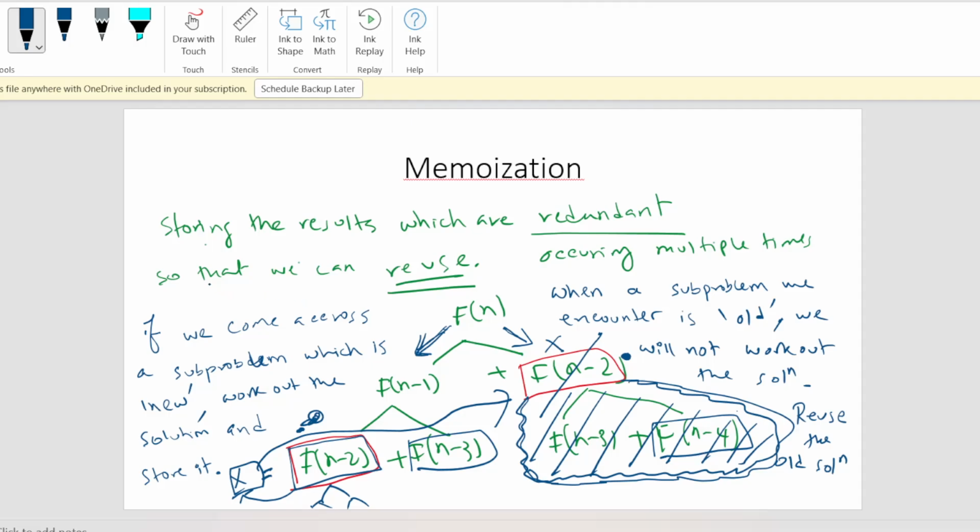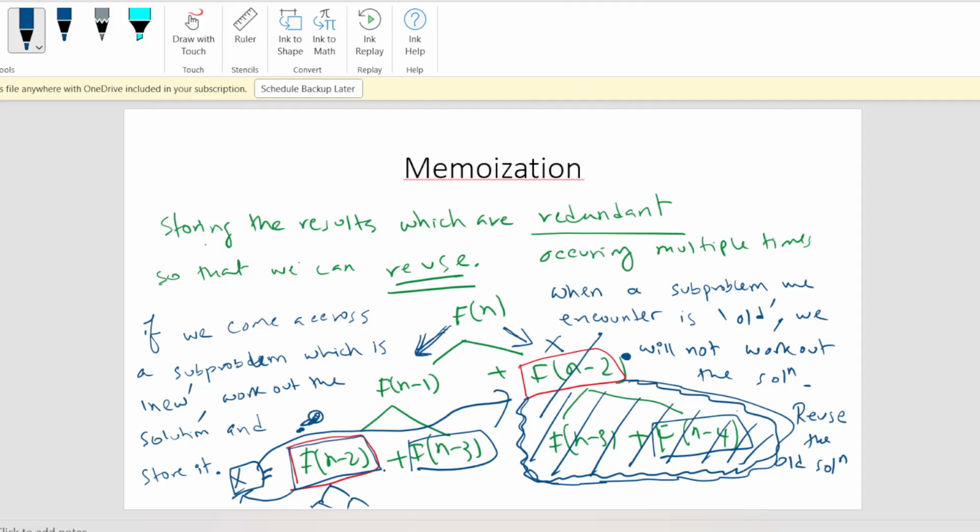So this is ডিপি। ডিপি হচ্ছে when there's overlapping subproblem, we use memoization to solve the problem faster.